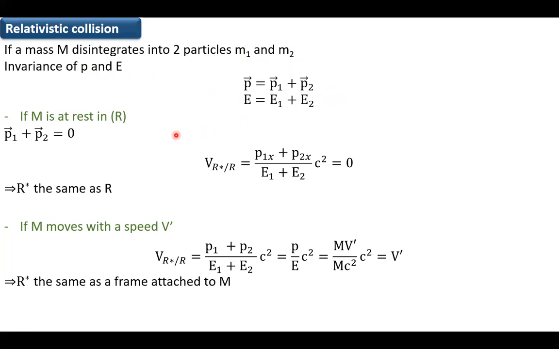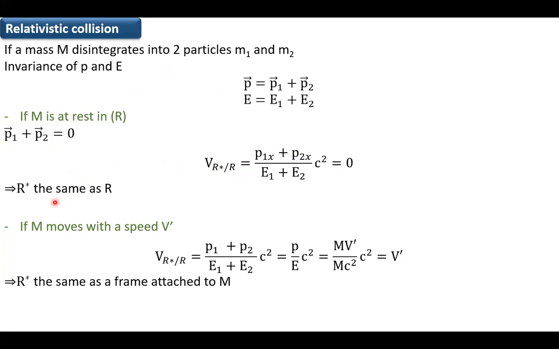Okay, here we have two particular cases. First, if the mass M is initially at rest, then P1 plus P2 is equal to 0 because the initial momentum P is equal to 0. And the speed of R star with respect to R would be the sum of Pi's over the sum of energies, which is 0.